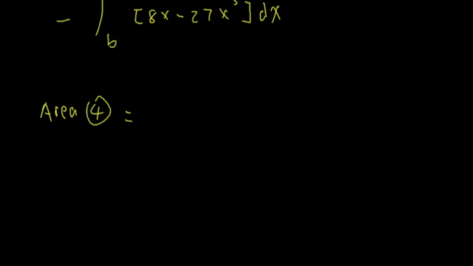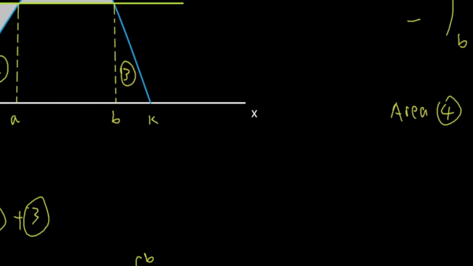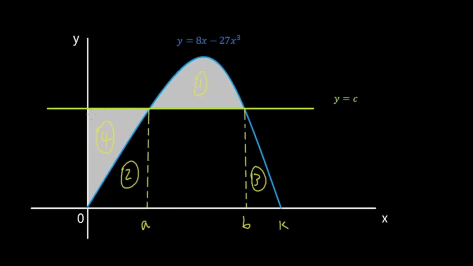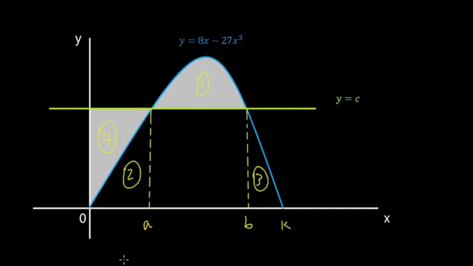Now, what is area 4? What's that equal to? This whole area minus area 2 here. You can use integrals as well. So it's the integral under the curve y equals c from 0 to a, minus the area from 0 to a under the cubic function.